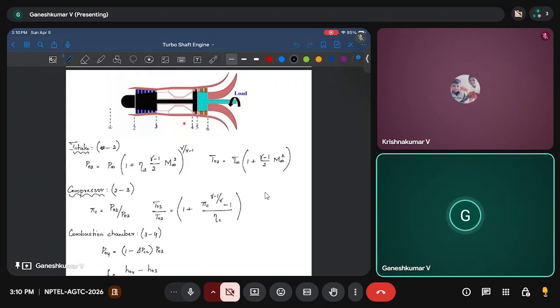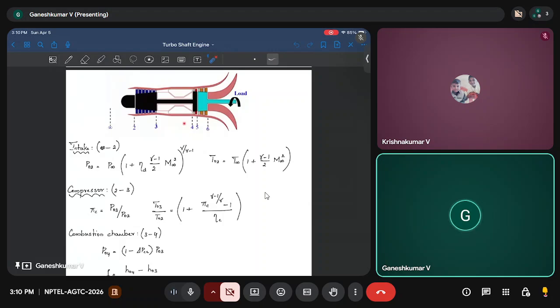The components are the same. First you have an intake, and it also has a diffuser efficiency. And you have a compressor where you will have a compressor isentropic efficiency.